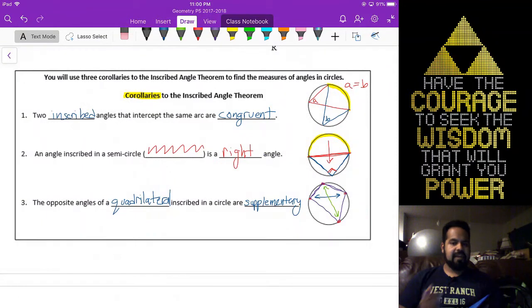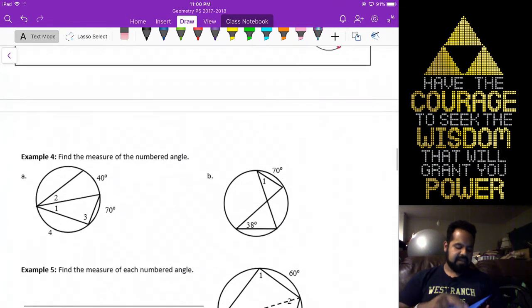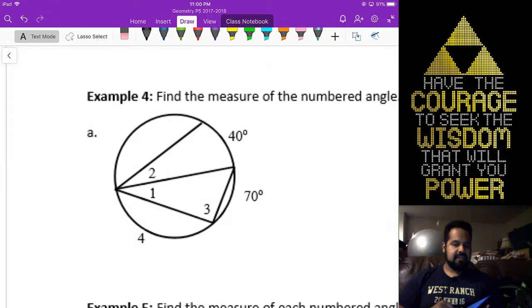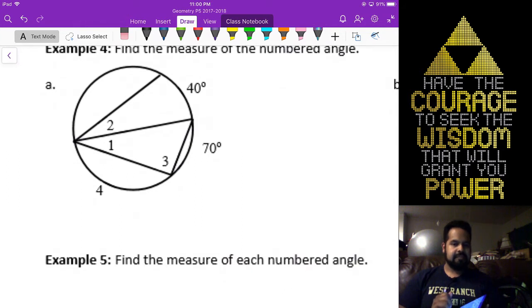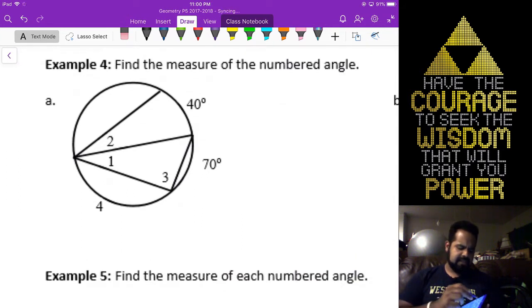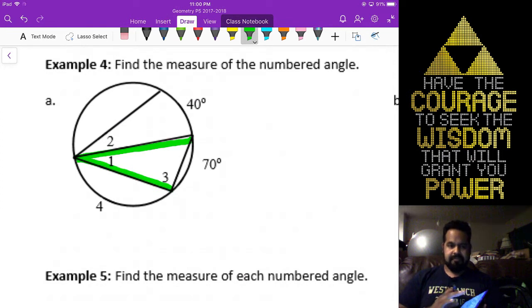With these properties that come from the theorem, we can go ahead and apply them to all sorts of different weird shapes. On example 4a, I'm looking at all these 4 numbered angles. Right here at angle 1, I'm going to use this green highlighter to create the chords that form angle 1.